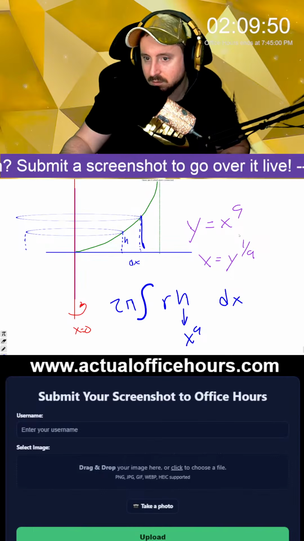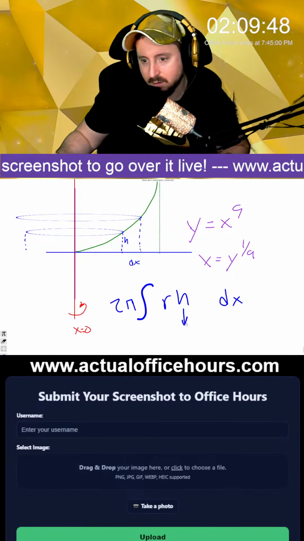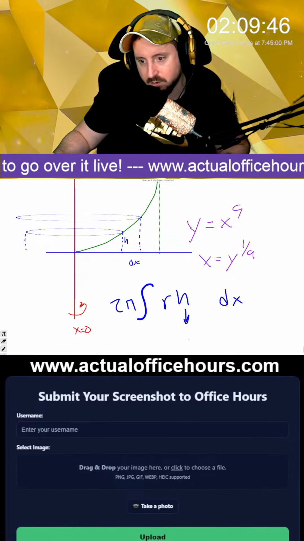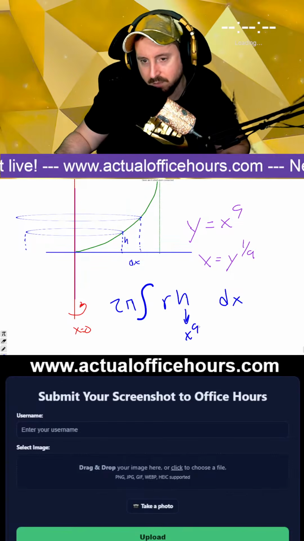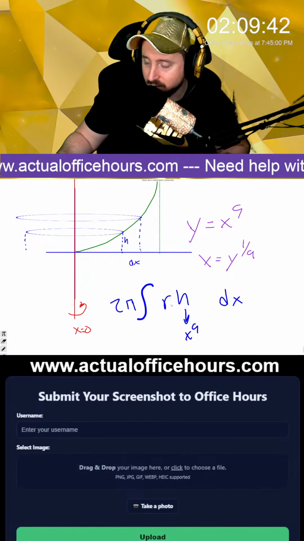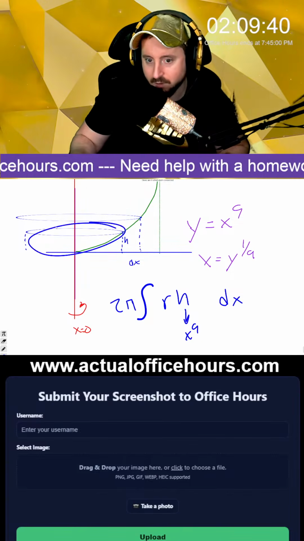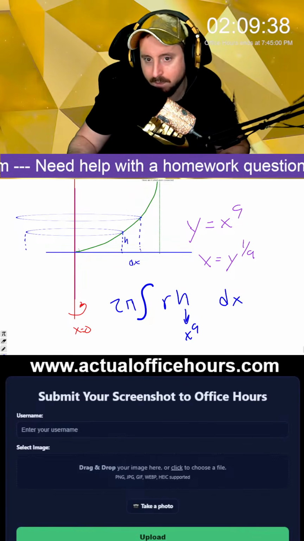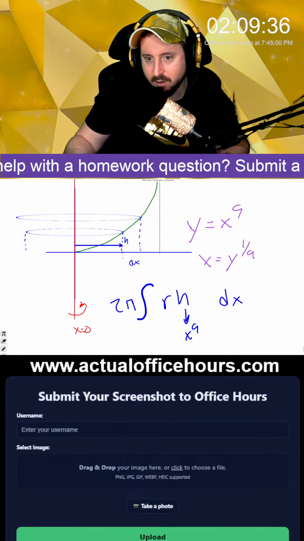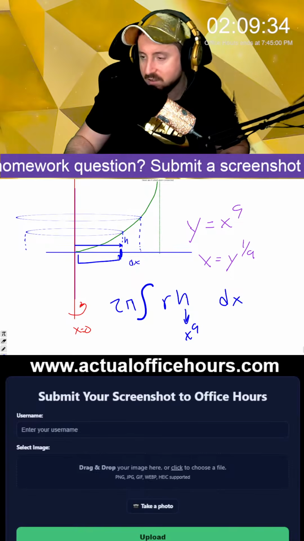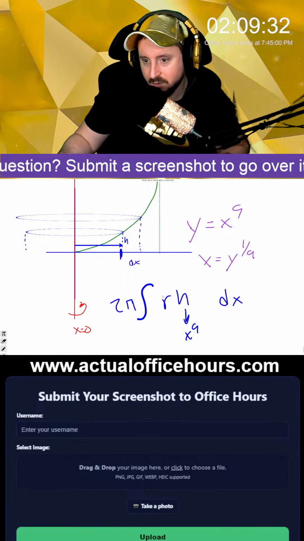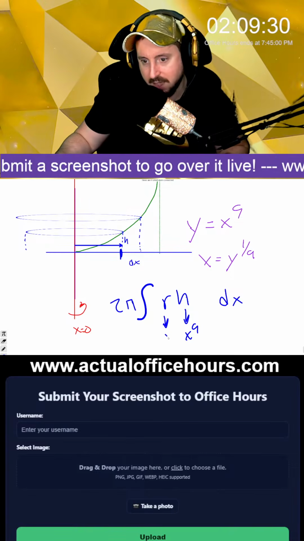So it's just the normal function. And then the radius of my cylinder is always equal to x. So the radius is now just x.